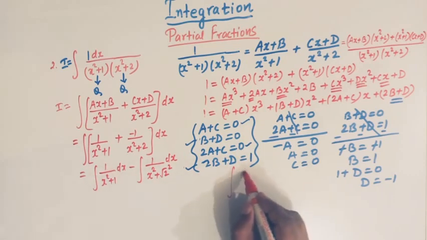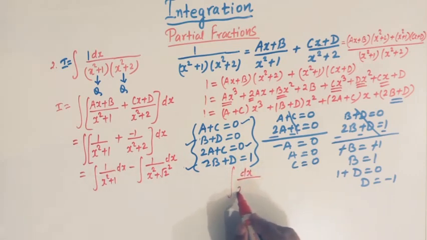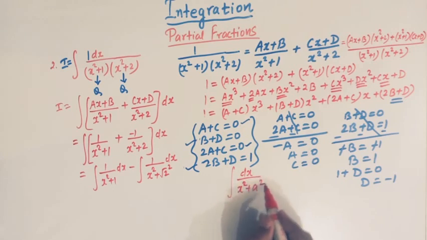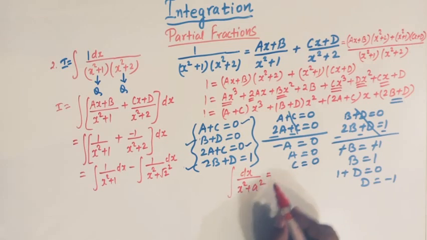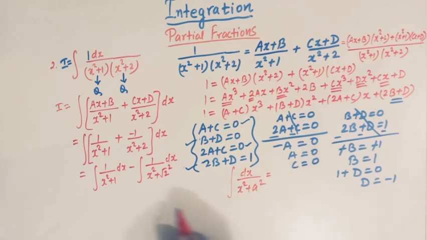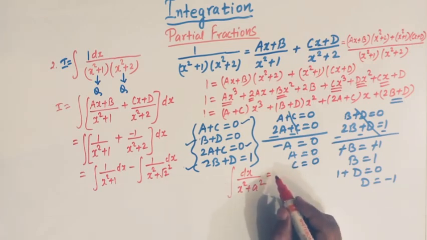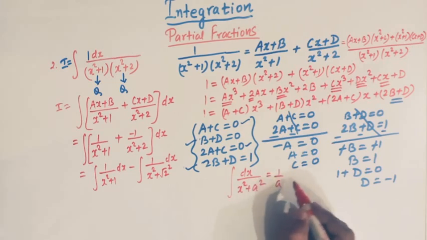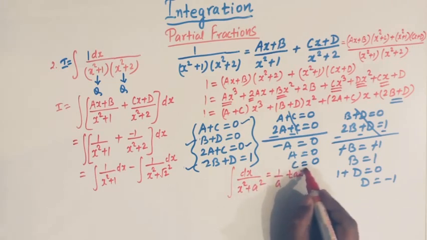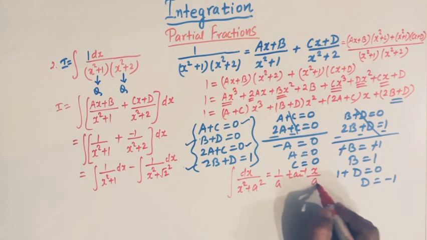Now here we will make use of the formula: if we have x square plus a square, then the integral of 1 over x square plus a square is 1 over a times tan inverse of x over a.